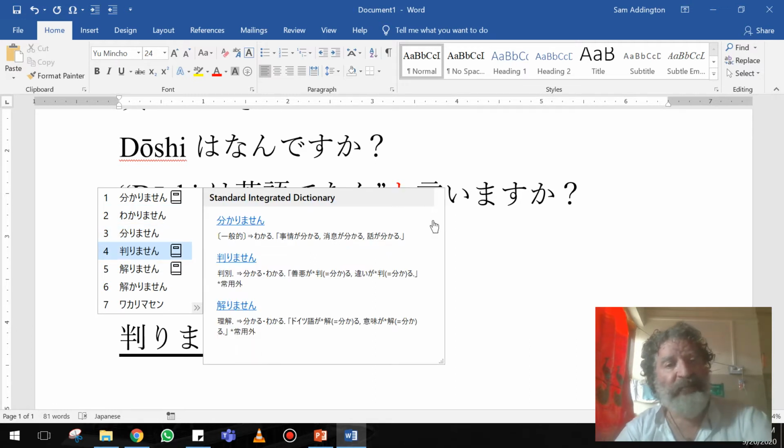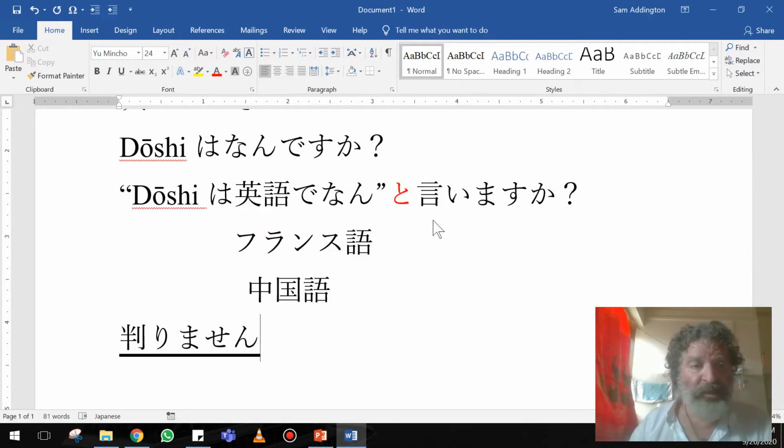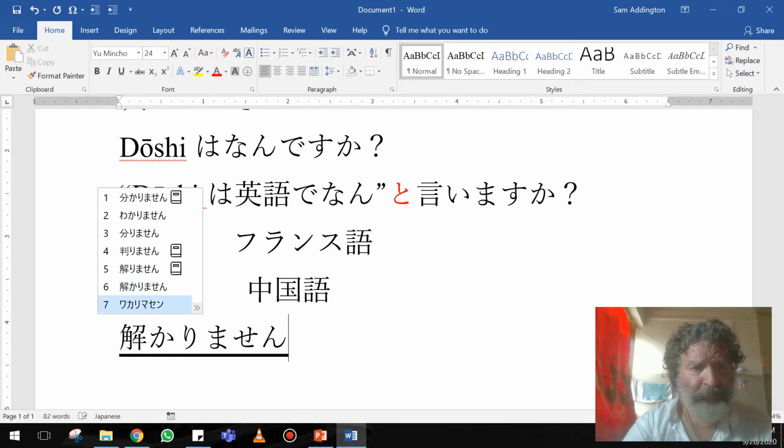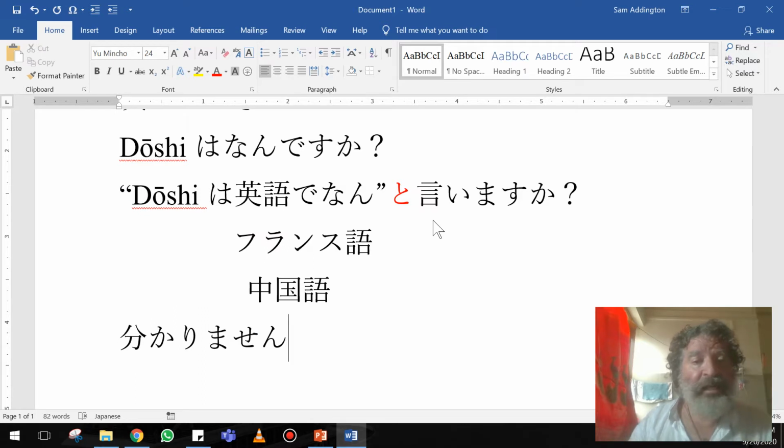It explains there's different kanji. The wakaru, the first one is the one that's used most frequently. In this case, I could use the third one, but we're not going to get into that now. We're going to stick with the most commonly used one, which is perfectly acceptable. Or I can just leave it in hiragana, wakaru.